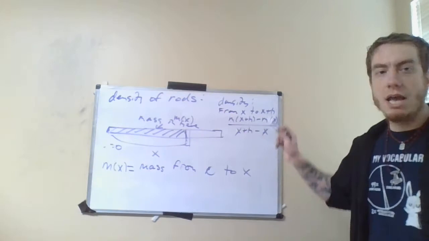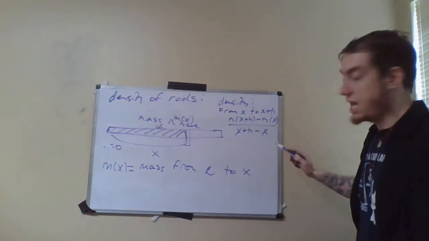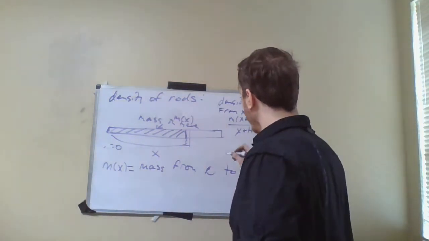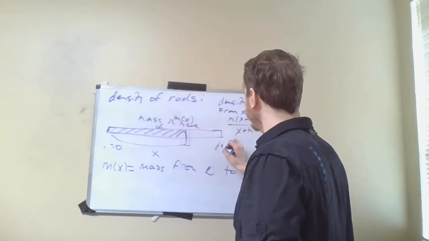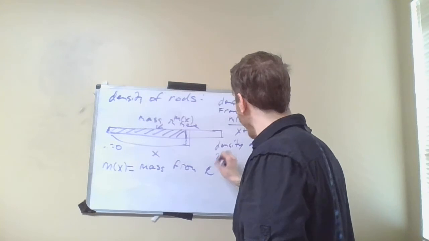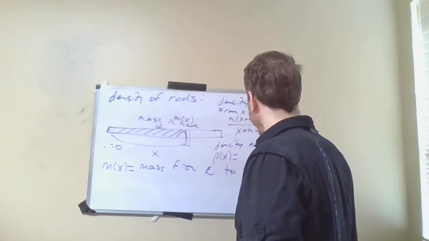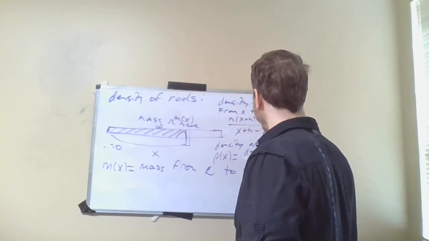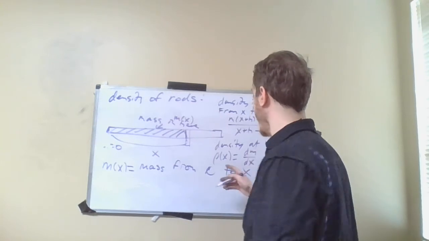The x's cancel. This is actually a difference quotient. And so in the limit, what we get is that the density at x, which is usually written as rho of x, is actually equal to the derivative of the mass function with respect to x.